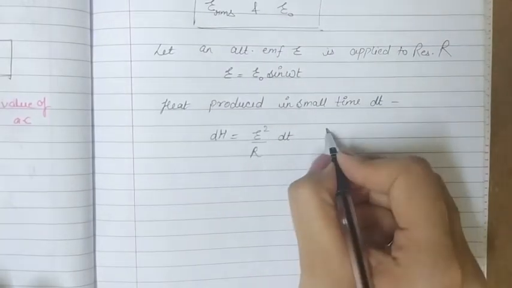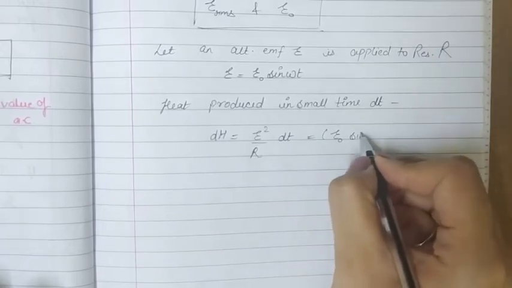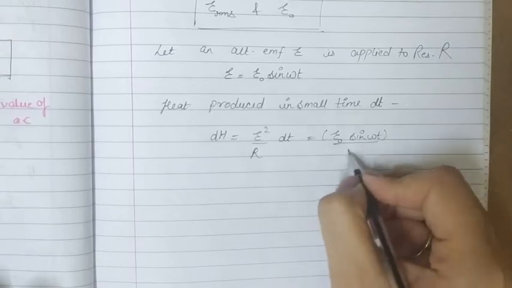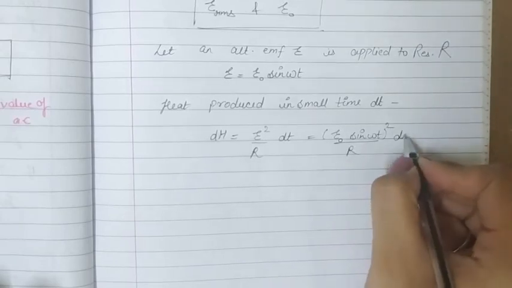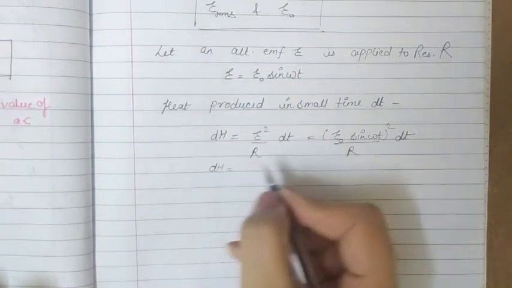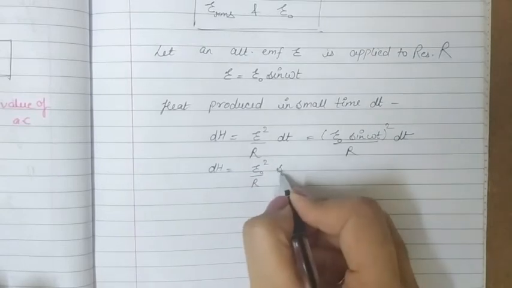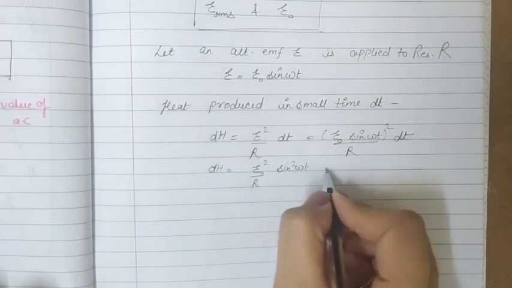We have to substitute epsilon with epsilon naught sine omega t, whole squared, upon R dt. So dH will be epsilon naught square upon R sine square omega t dt.